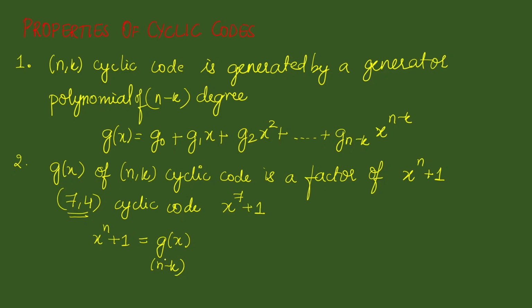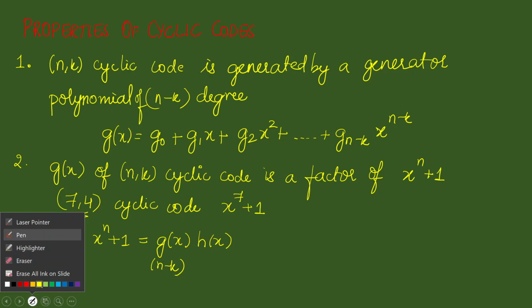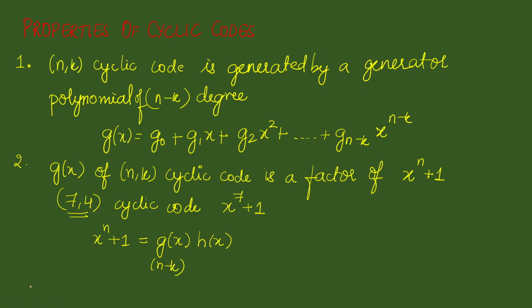On the right hand side, I already know g(x) will have only the degree of n minus k. So the rest, the k degree polynomial, we define by the name h(x). You might remember that a generator matrix will have its corresponding parity check matrix. So this h(x) is nothing but our parity check polynomial.